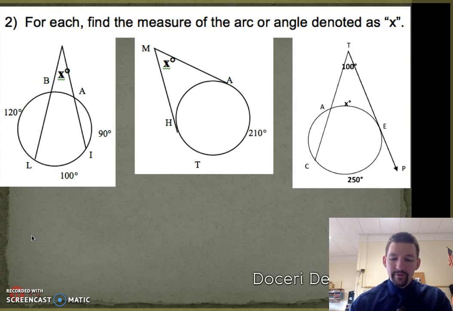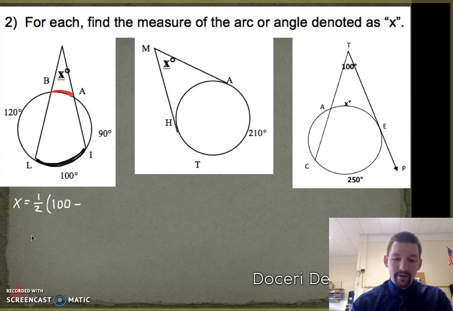This first one, we want to find the measure of the arc, which is x. So again, the easiest way I found to do this is start by saying, okay, my angle measure is going to equal half, and now it's going to be the difference of the two arcs. So I know that my big arc here is going to be 100, and I need to subtract my smaller arc, which is right here.